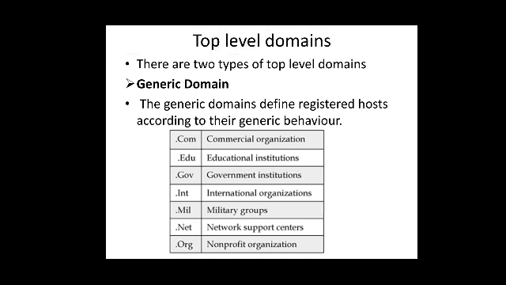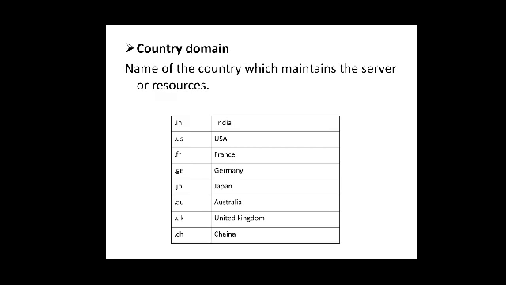Next, after generic domain, your top level domain can be a country. For example, if my company is in India, my top level domain can be .in.